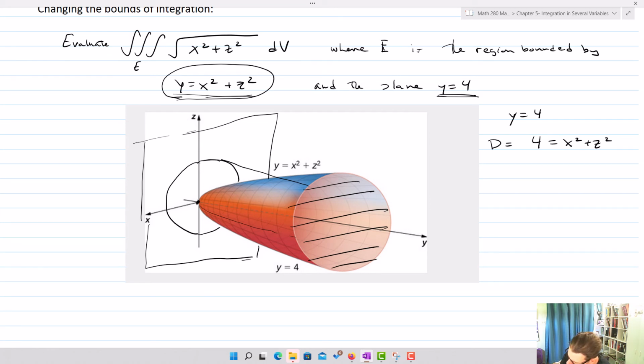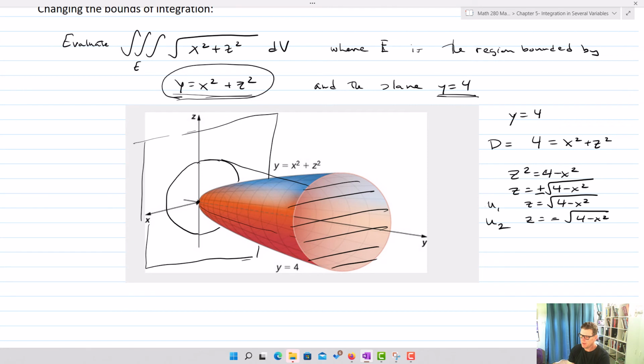So z squared equals 4 minus x squared, so z equals plus or minus the square root of 4 minus x squared. We get our u1 being z equals the square root of 4 minus x squared, and our u2 being z equals negative square root of 4 minus x squared.